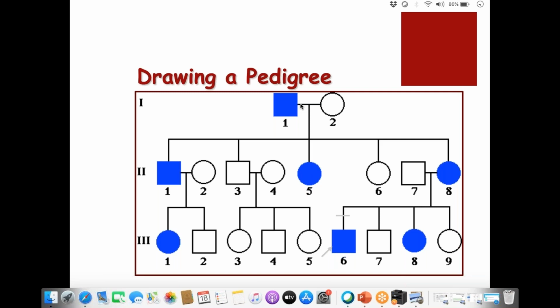So first thing that you see is, can this disorder affect both males and females? Yes. Can males transmit it to females? Yes. Can females transmit it to males? Yes. Are males and females equally affected? Yes. So the answer to all the four is yes, and this looks like almost a vertical transmission from one generation to the other to the third one.